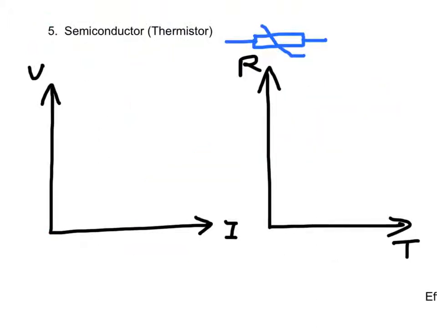The last circuit element to study is the semiconductor (半導體), or we use a thermistor. A thermistor is a device made up of semiconductor. For a thermistor, the VI graph looks something like this one.